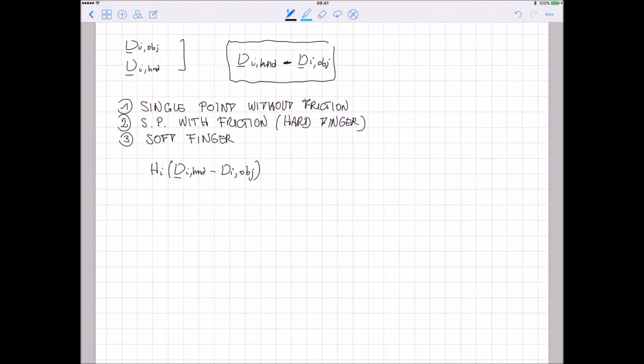So with this matrix I select some components of the relative twist, and I set them equal to 0. The dimension of the H_i matrix depends on the type of contact that I choose.